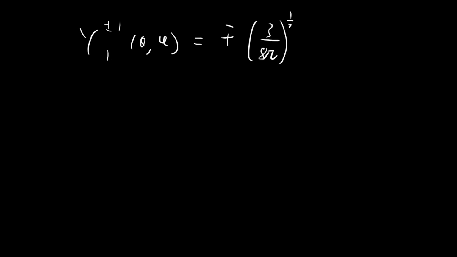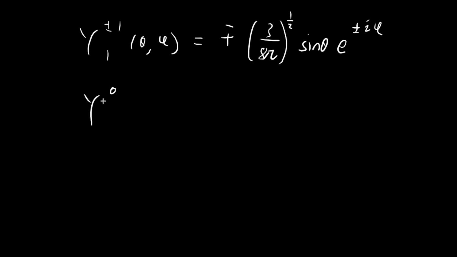You can look up one of the tables that Griffiths gives us on the spherical harmonics. You'll see that Y1,plus-minus-1 of theta, phi is equal to minus-plus the square root of 3 over 8 pi, so to the power of 1/2. If this is positive, then this is going to be negative. If this is negative, then this is going to be positive. And then we have this constant multiplied by sine theta e to the power of plus-minus i phi.